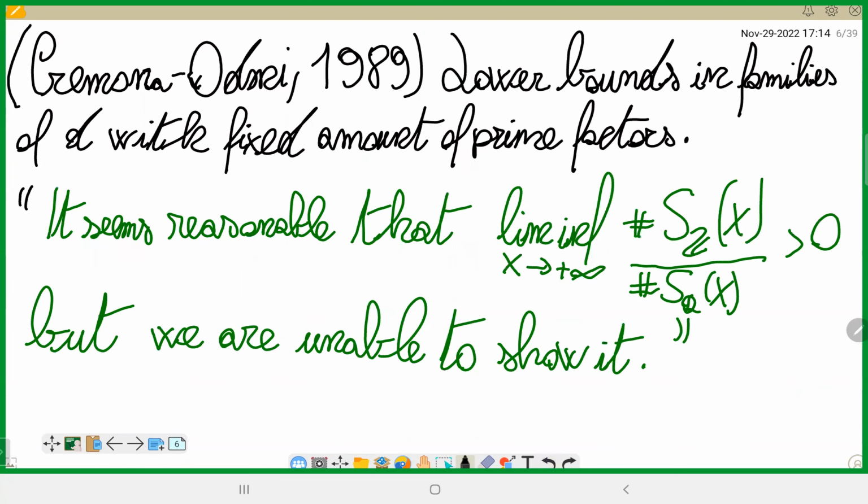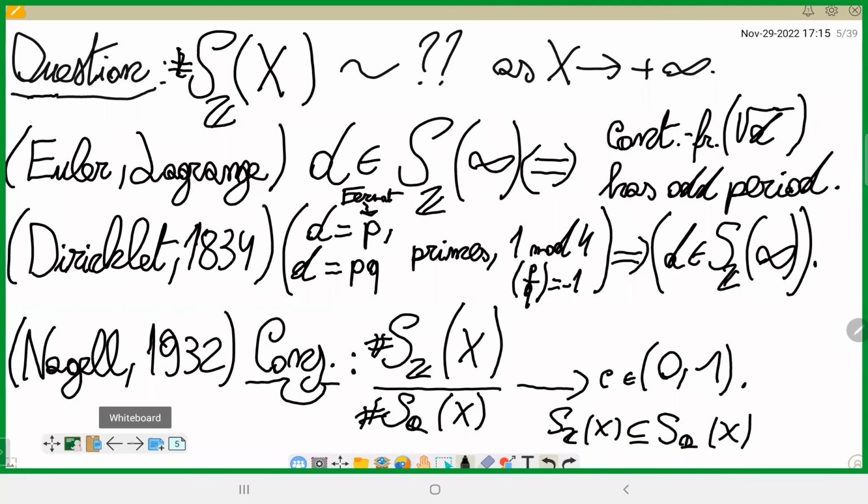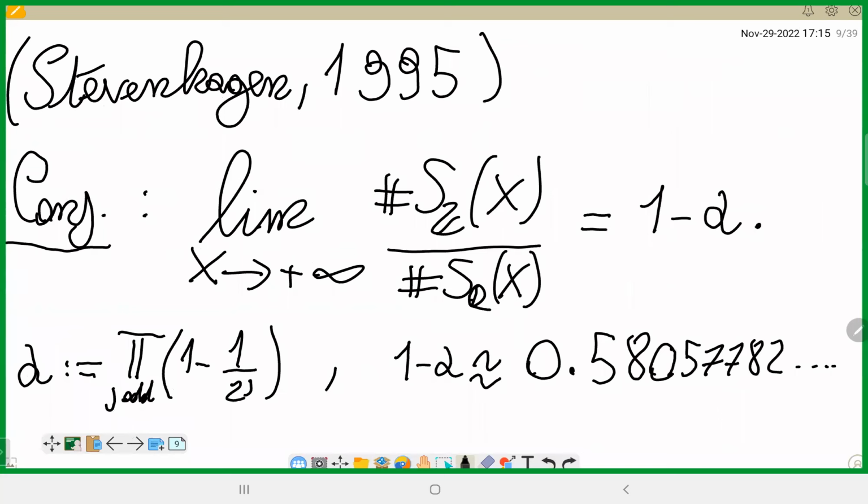until 95, when Peter Stevenhagen came with this conjecture that looks very weird, that the limit of the size of SZX divided by the size of SQX should converge to 1 minus alpha, where alpha is this infinite product, which is not even a rational number. So that's the expansion of 1 minus alpha in a few digits.